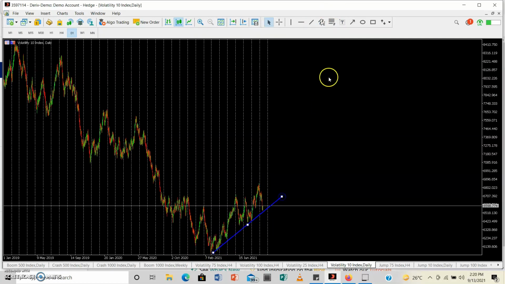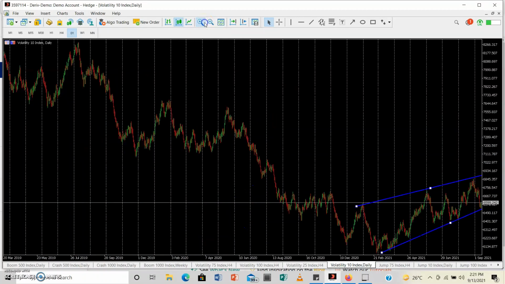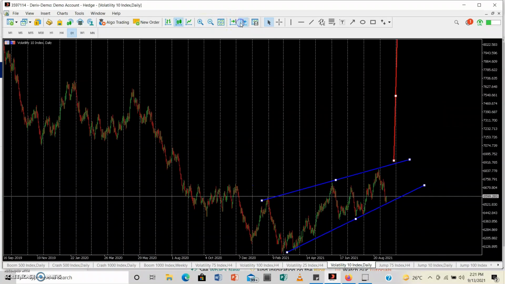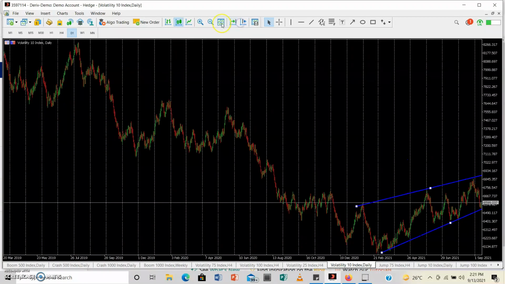Price is really pushing up as much as it can, although it's narrowing down, showing that we're most likely going to experience a nice breakout, right? Because our trend lines are almost meeting now, which means a major price movement is about to happen.